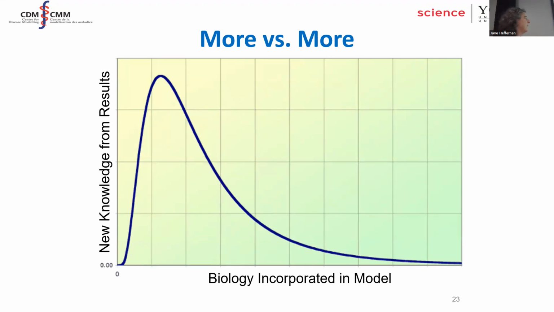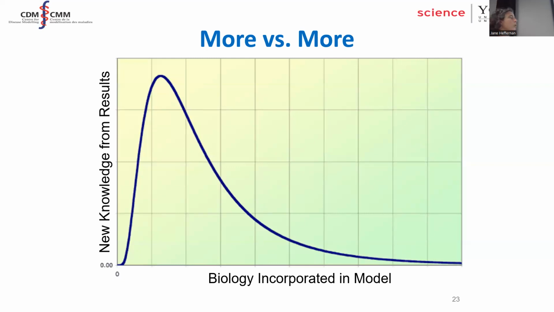If our models don't incorporate enough of the biology, we're not going to get any new knowledge. If our models incorporate too much biology, we'll get results, but we won't get any new knowledge from our results, because we don't have enough data or understanding of the biology for us to be certain that our results are valid.